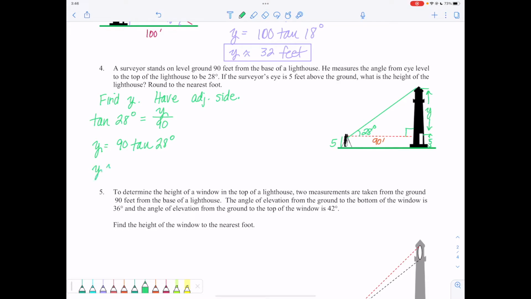So y is approximately 48 feet. So the height of the lighthouse is equal to 48 plus 5 feet, which will equal 53 feet.